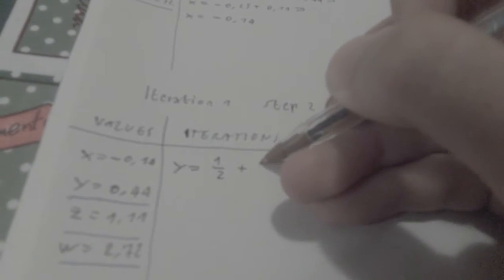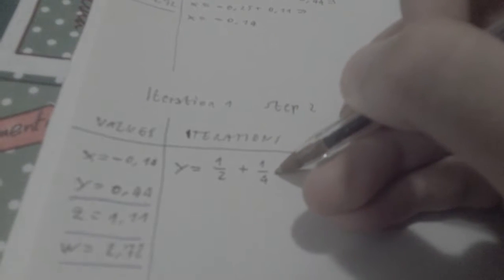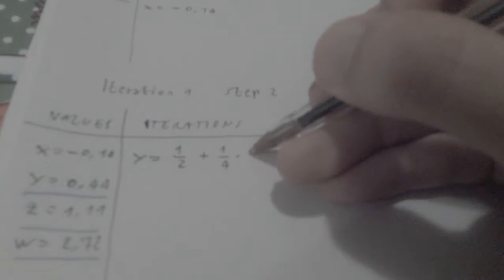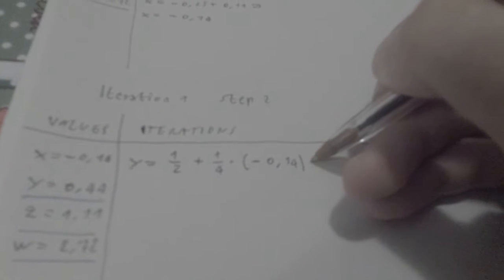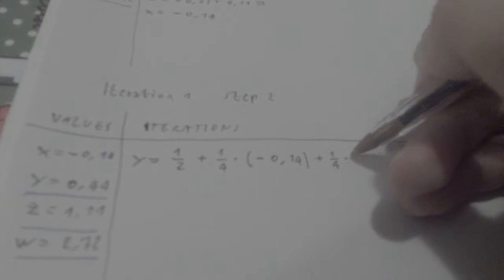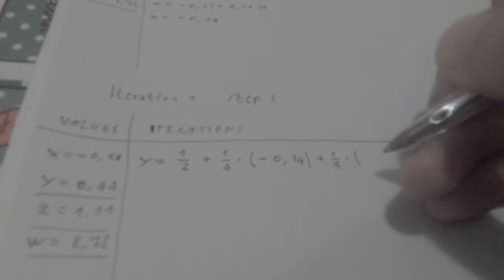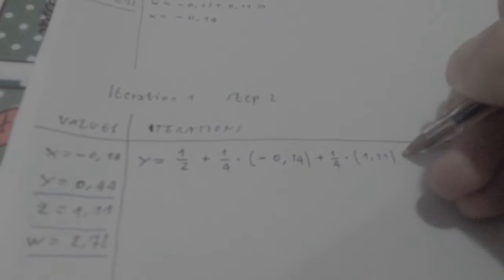We have 1/2 plus 1/4 times x, which is negative 0.14, plus 1 over 4 times z, which is 1.11. There we go.